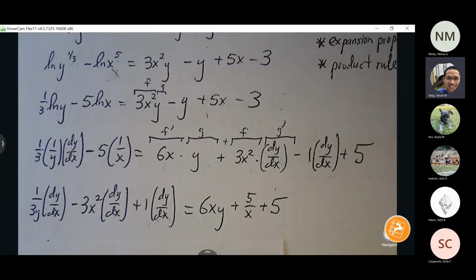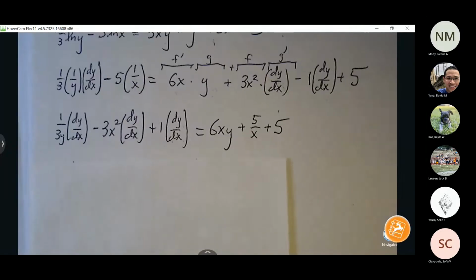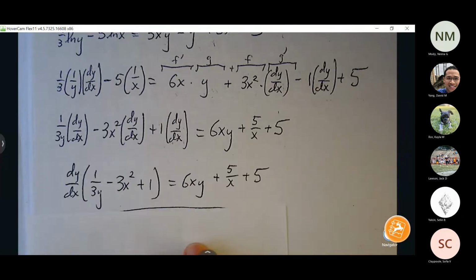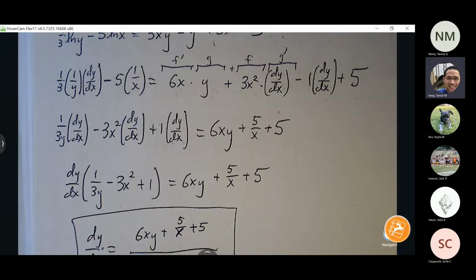Factor dy/dx out. Divide the parentheses over.